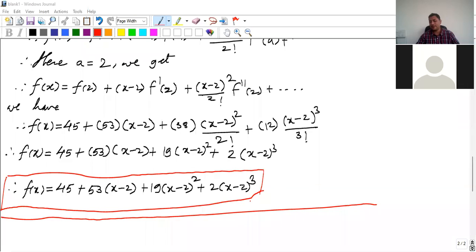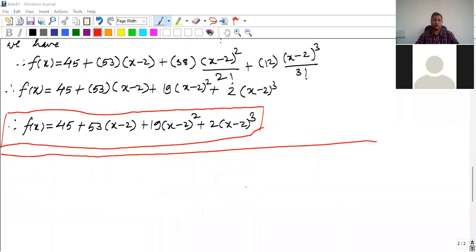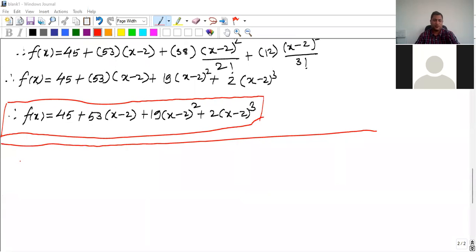So now, as I said, the application of this Taylor series is to approximate values. Let us see how it helps us to approximate the value. So we go for another example.